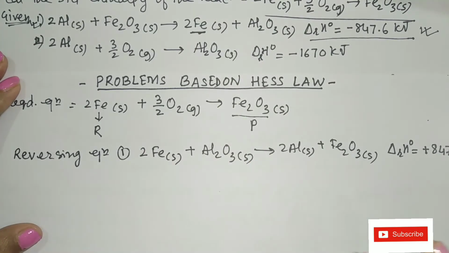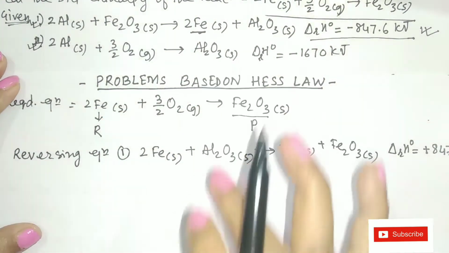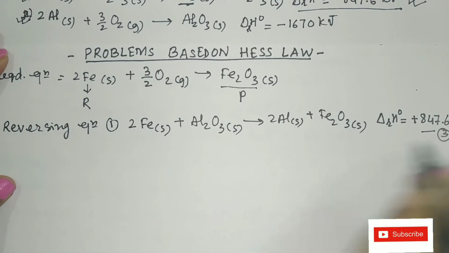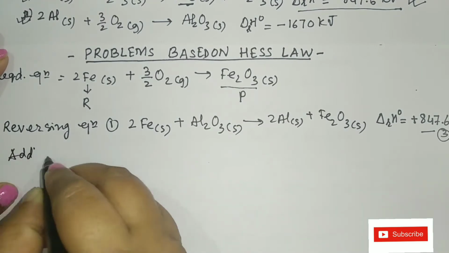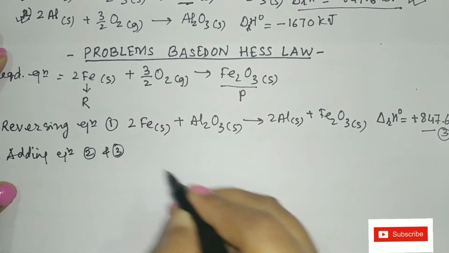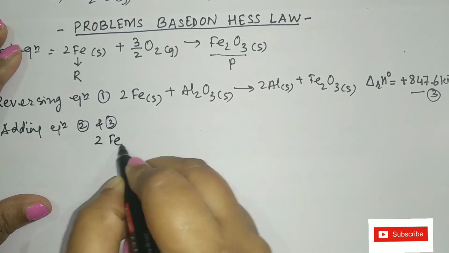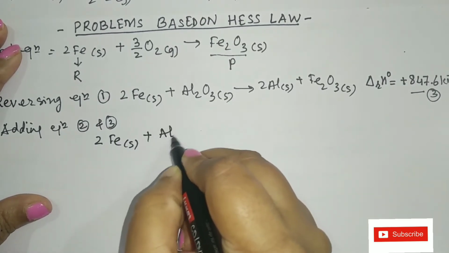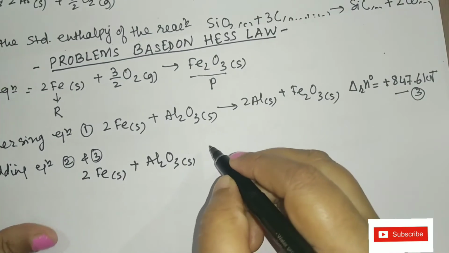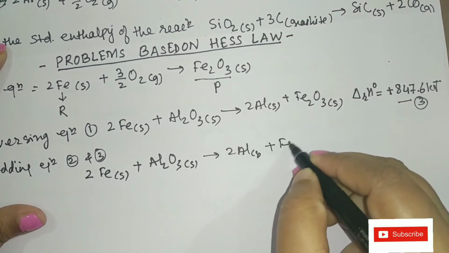But as I said, I cannot skip the remaining equations. So I will take this equation also and add it to this equation. So now I will mark this as equation number 3. Now adding equation 2 and 3. So let us add here. What I will get is 2Fe plus Al2O3 solid gives 2Al solid plus Fe2O3.